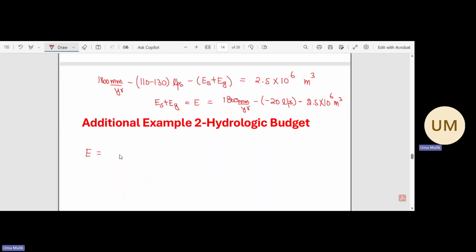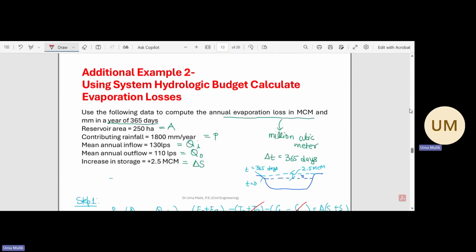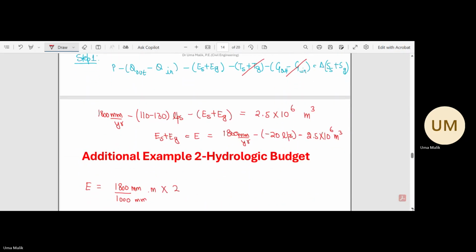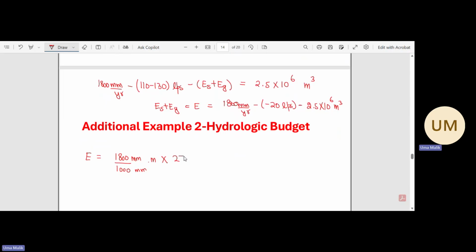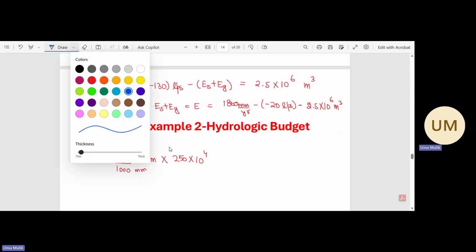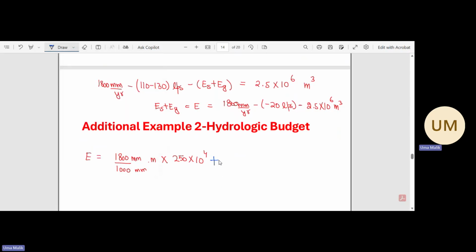So 1800 mm divided by 1000 mm into meter, right? Multiply by the area, which is given to us as 250 hectare, which will be 250 into 10 raised to power 4, right? Plus, now it becomes plus, right? 20 liter per second.